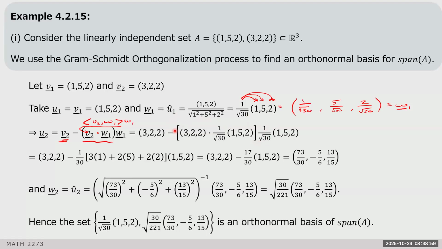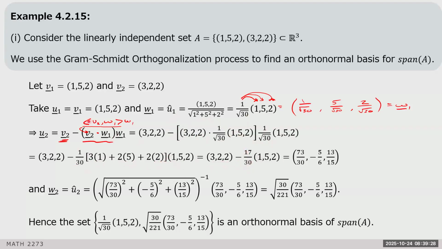So I get 1 over root 30 multiplied by 1 over root 30, which is 1 over 30. That's why I said it's better to leave the square root outside, because it simplifies a lot. Then you get 3 by 1, which is 3, 2 by 5, and 2 by 2, multiplied by this vector. So it's just the vector 3, 2 minus 17 on 30.